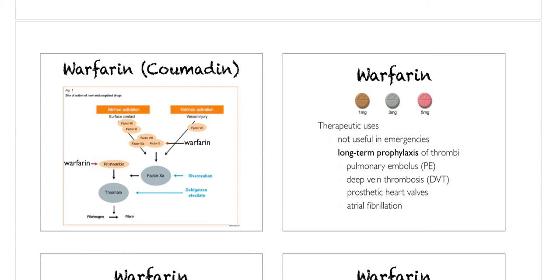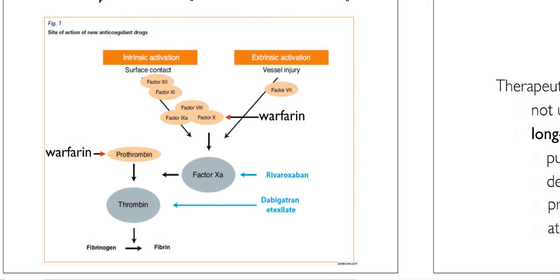So this is a nice little diagram that shows the coagulation cascade. We have the intrinsic activation, and then we have the extrinsic activation. The intrinsic activation has to do with responding to stimuli that occur from inside the blood vessels. There's no actual damage to the vessel as a whole.